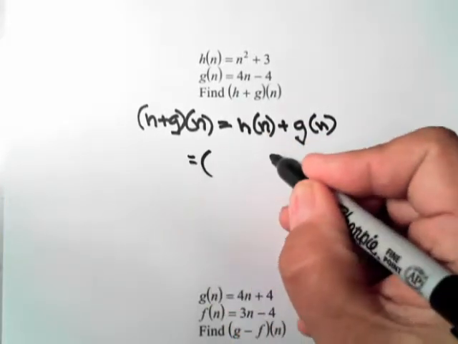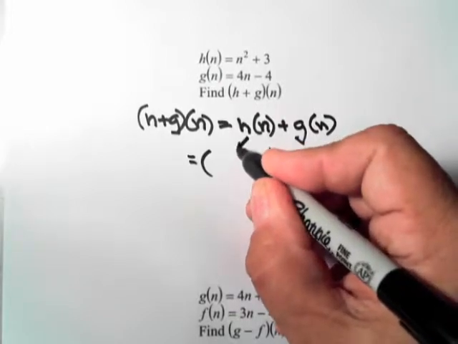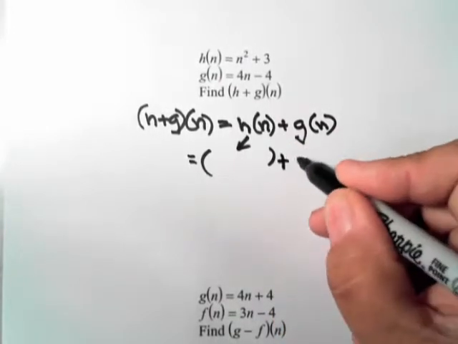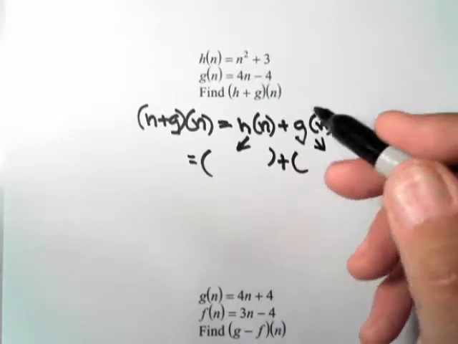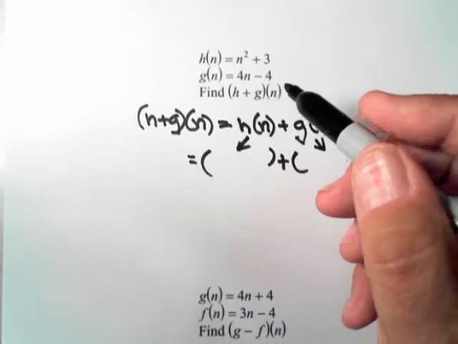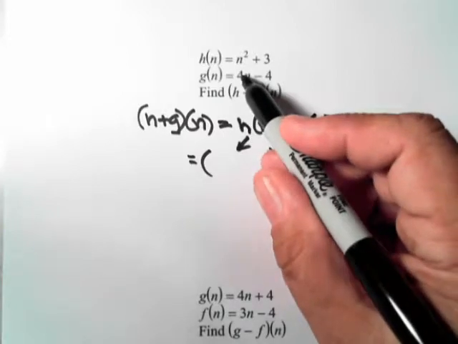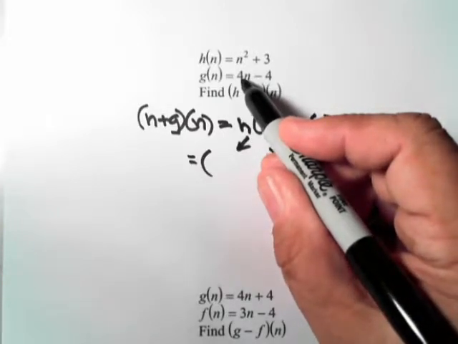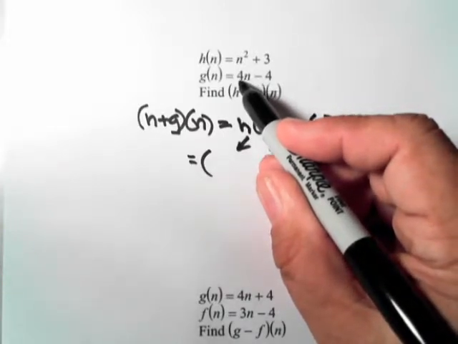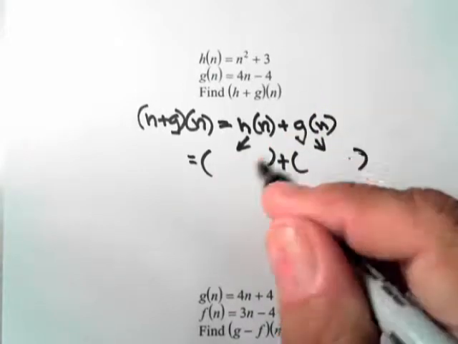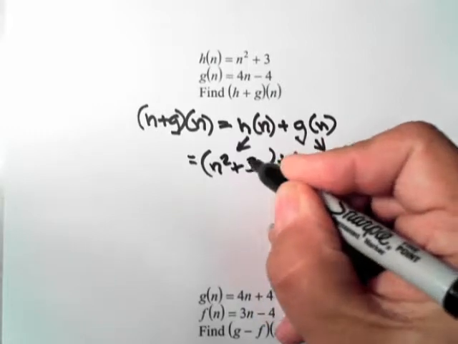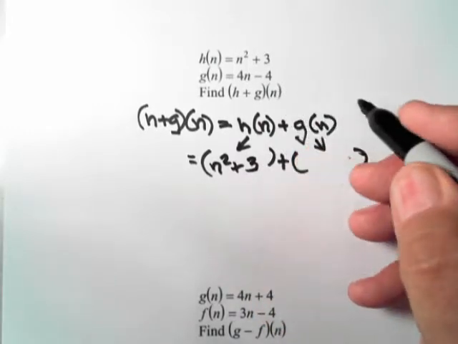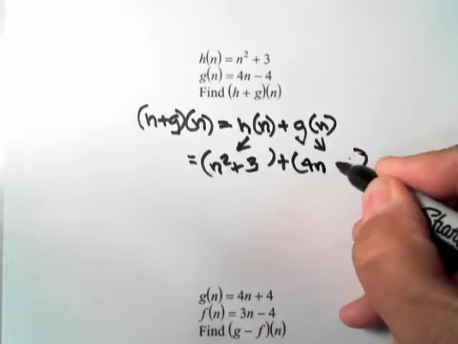In other words, what I'm going to do is substitute in what h of n is and add to it what g of n is. So that's why we say this is just simple substitution. H of n is n squared plus 3. Okay, and let's write it in here, n squared plus 3. And g of n is 4n minus 4.